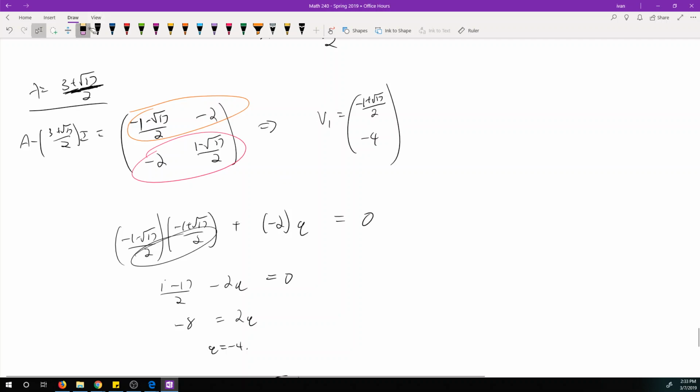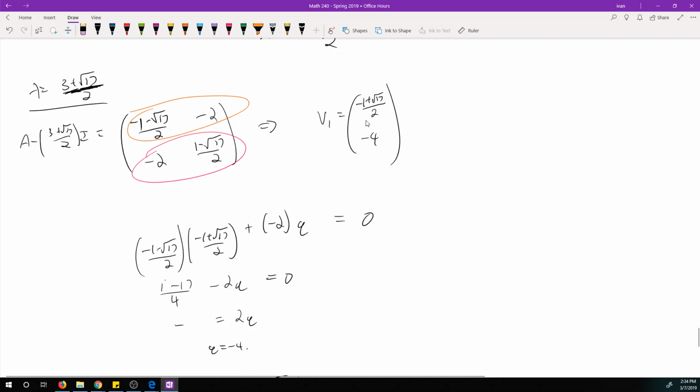Just something silly. Because both these terms are over 2, I added them, right? You're supposed to multiply them.